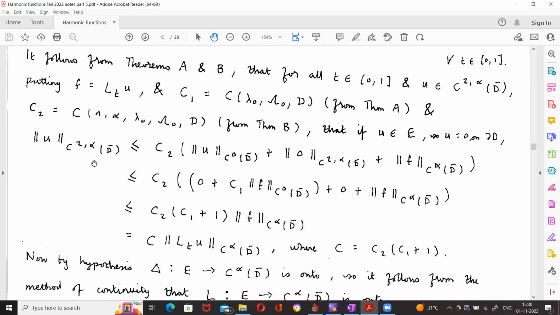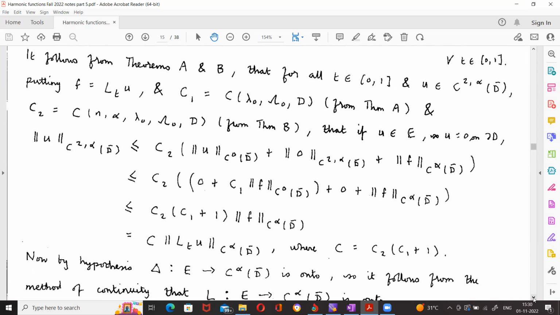So what is this? This is exactly the inequality that we had in the method of continuity. In that proposition, it says that the norm of U is less than a fixed constant times the norm of LTU. Yes, that's exactly what I needed in the method of continuity.